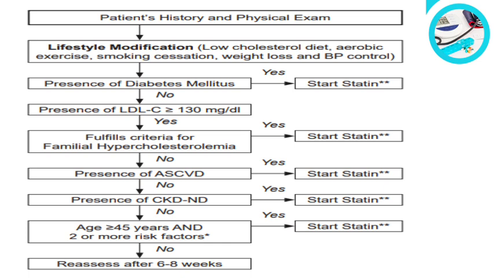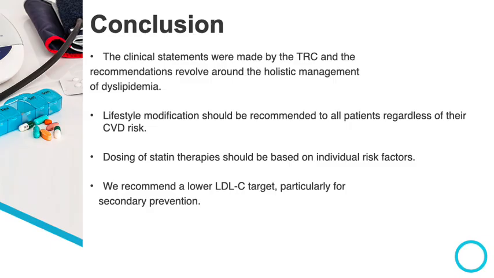Patients with an LDL level of more than 130 milligrams per deciliter who are more than 45 years old and with the presence of 2 or more risk factors should be given statin therapy. And for those who do not have these risk factors but with elevated LDL, they should be reassessed after 6 to 8 weeks.